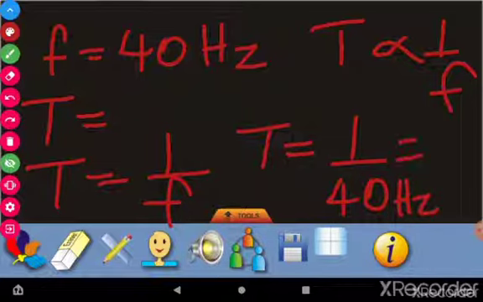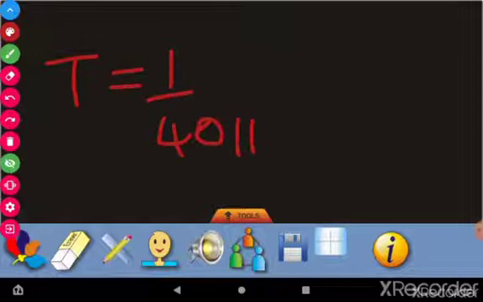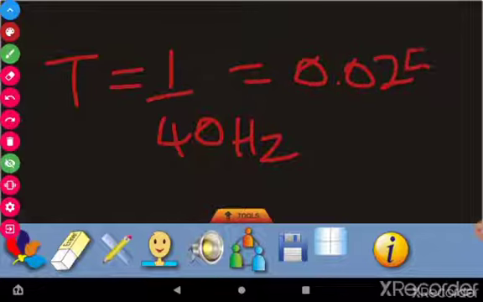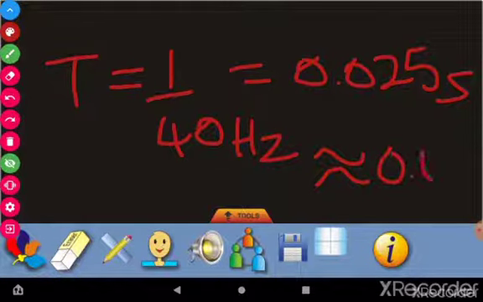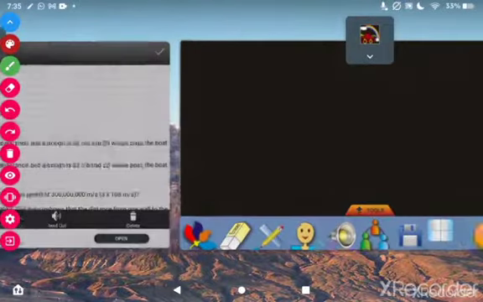This would be equal to approximately 0.025 seconds. You could even round this to be approximately 0.03 seconds. Alright, that's that. Let's move on to the next question.